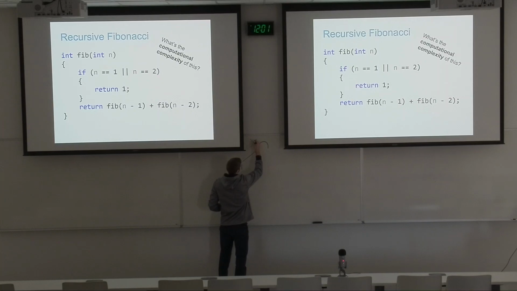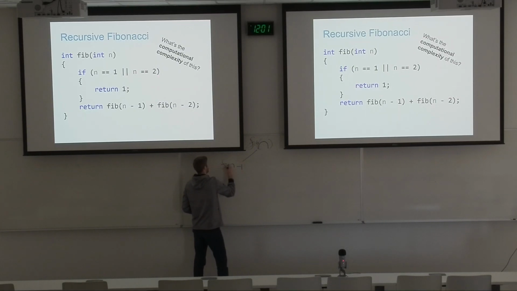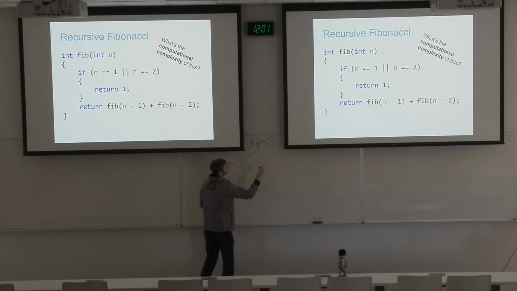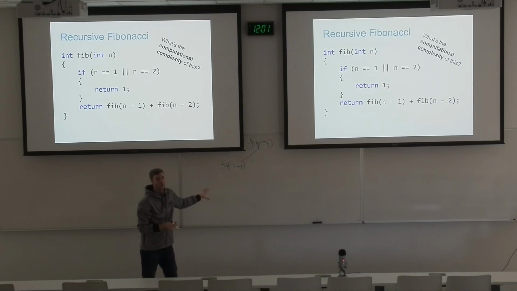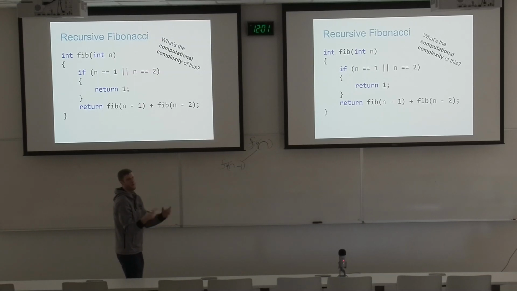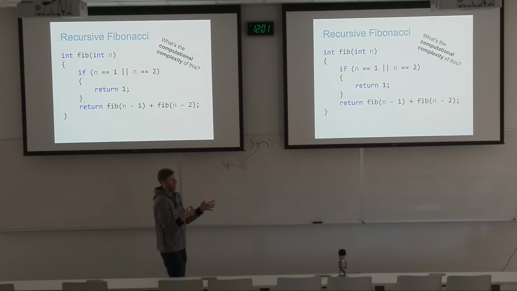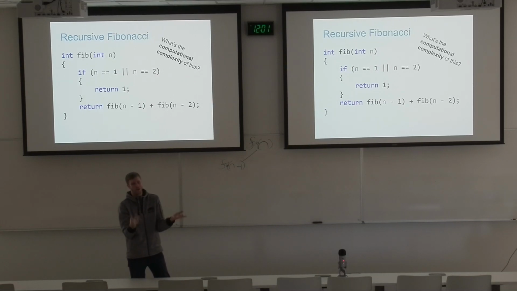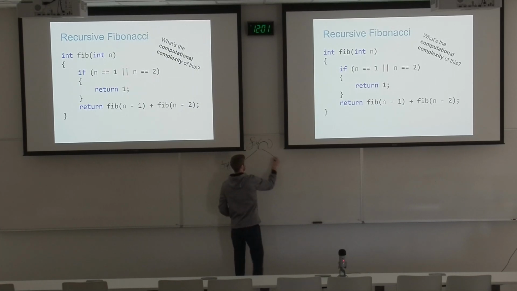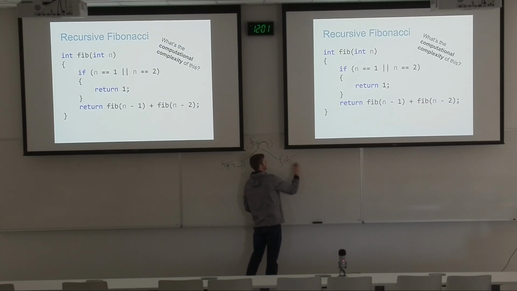So this is fib of n. I need to know fib of n minus 1, but in addition, I also need to know fib of n minus 2 to add them together to tell me the answer of fib of n. Great.